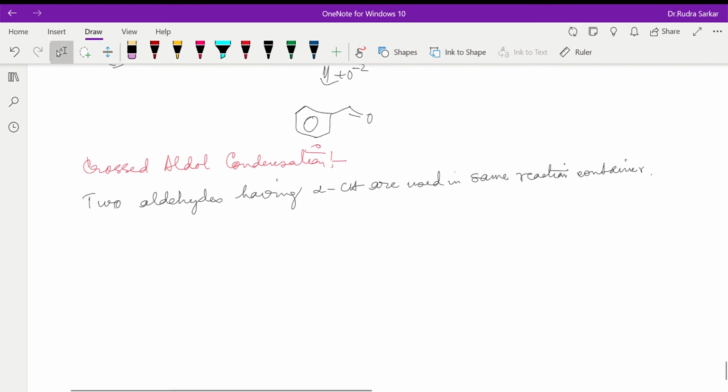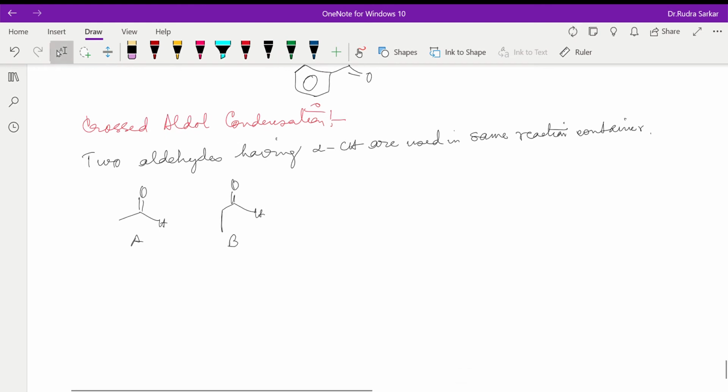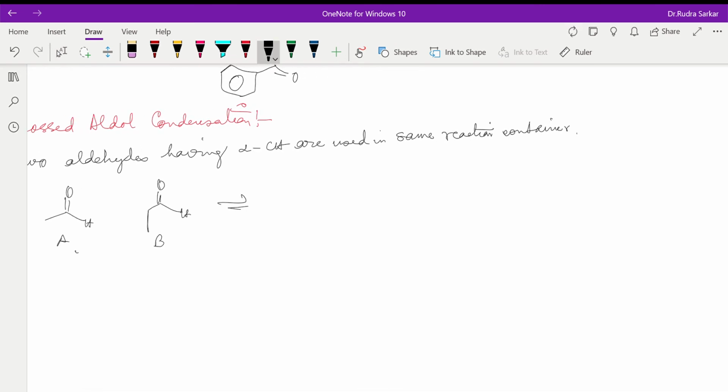Suppose I've given you acetaldehyde and propanal. This is molecule A, this is P. In the basic medium, enolate from here and here will be forming.